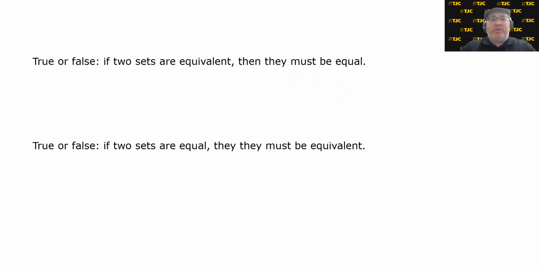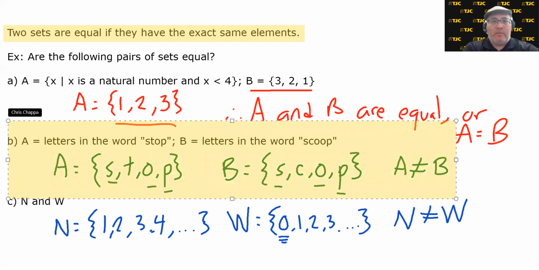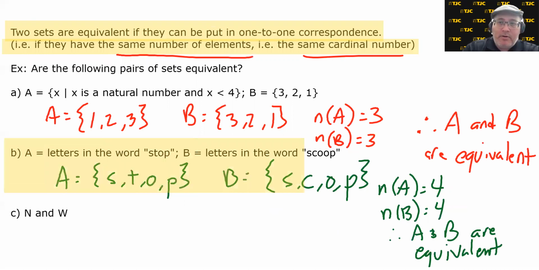True or false, if 2 sets are equivalent, then they must be equal. Let that sink in. Let's say you have 2 sets that are equivalent. Must they be equal? Well, we've got an example. That would be the green ones. They were not equal, but they were equivalent.